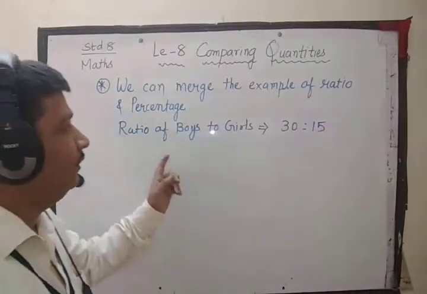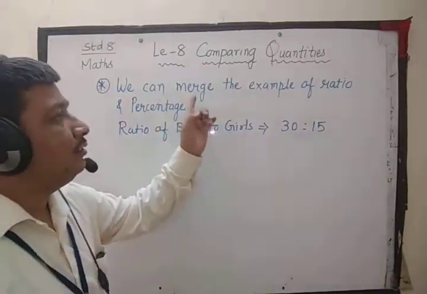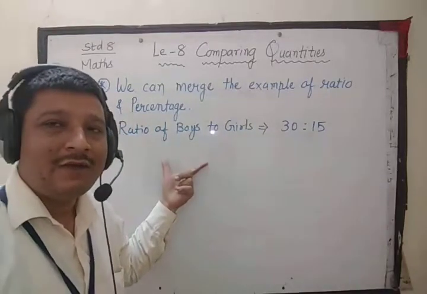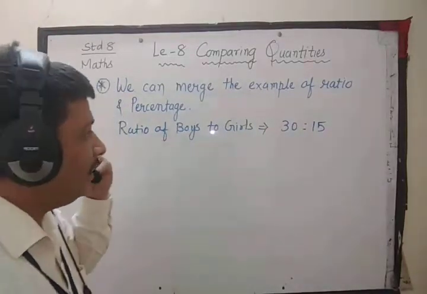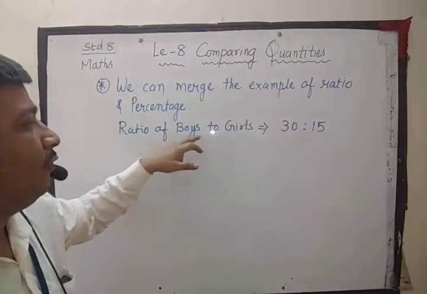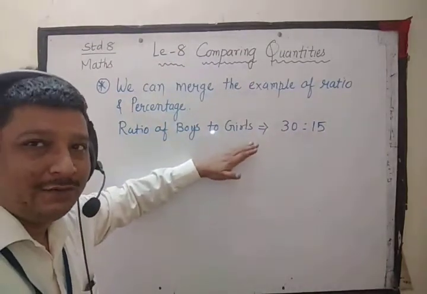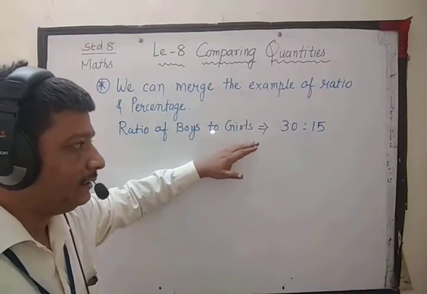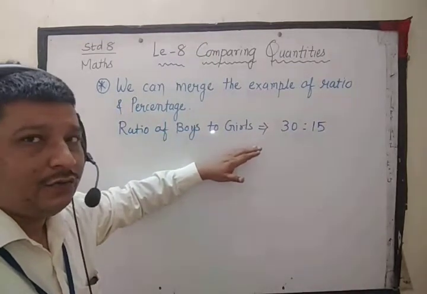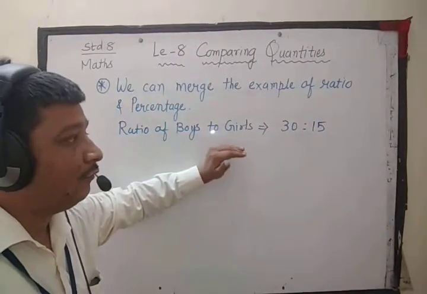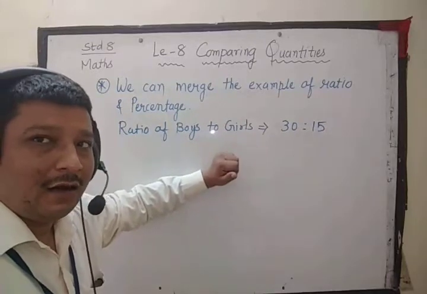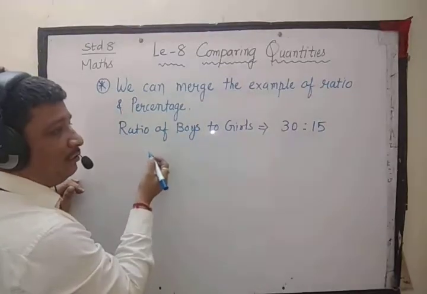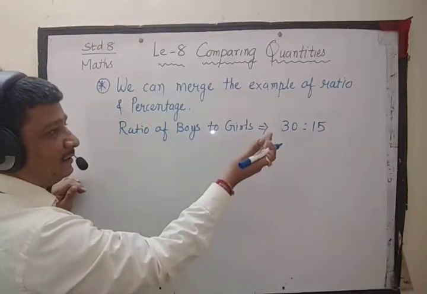Look here. We can merge the example of ratio and percentage. Two things we are doing together. That is, the ratio of boys to girls is given to us from the previous example we have taken. Now here you will find that 30:15 is the given ratio of boys to girls in a classroom. So total strength also we can find out, that is boys plus girls.